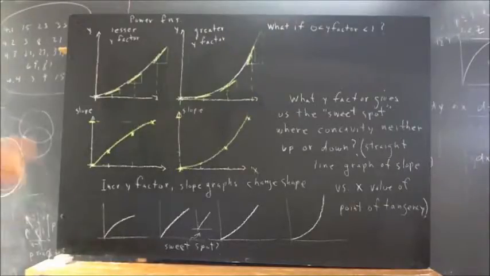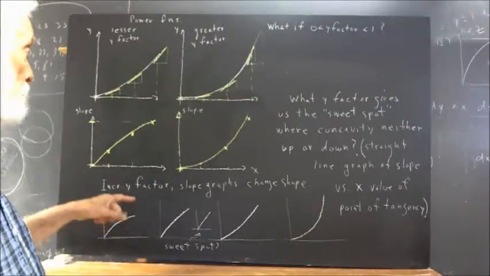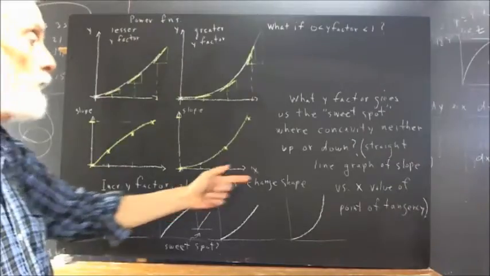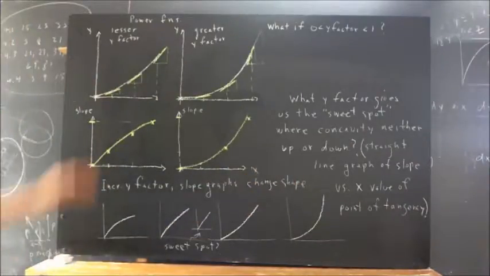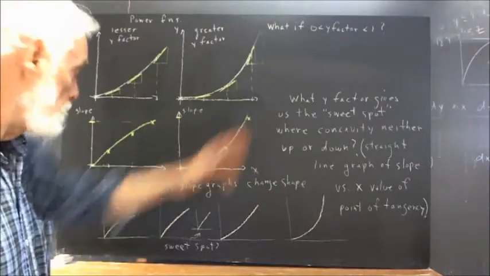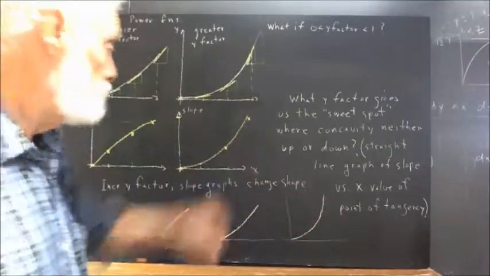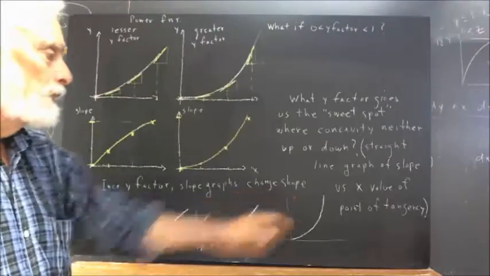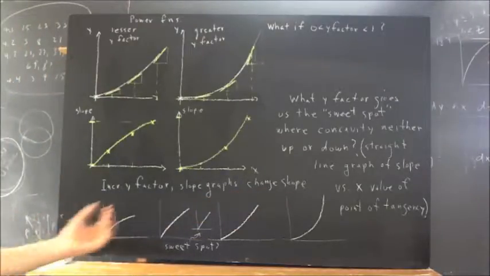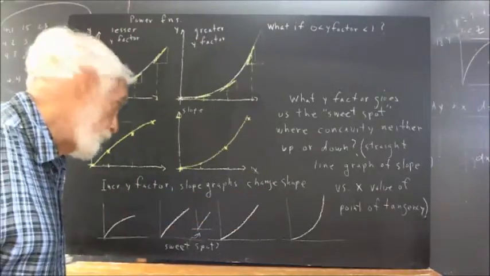So as we increase the y factor, our slope graphs change shape. We go from this shape to this shape. So here we have this shape, here we have this shape, and what happens at the intermediate values of the y factor?